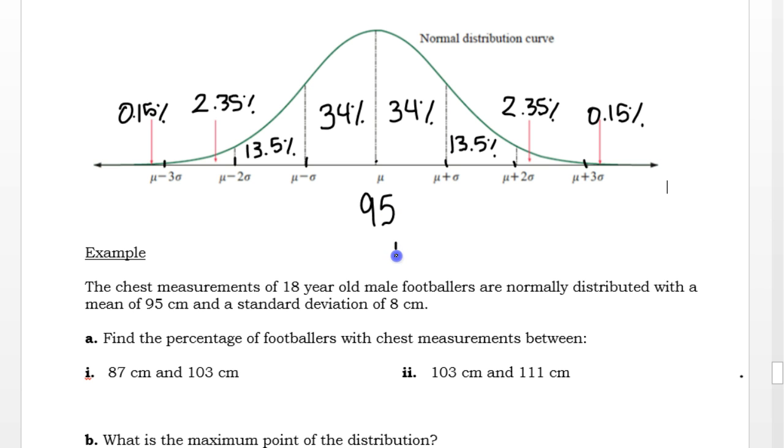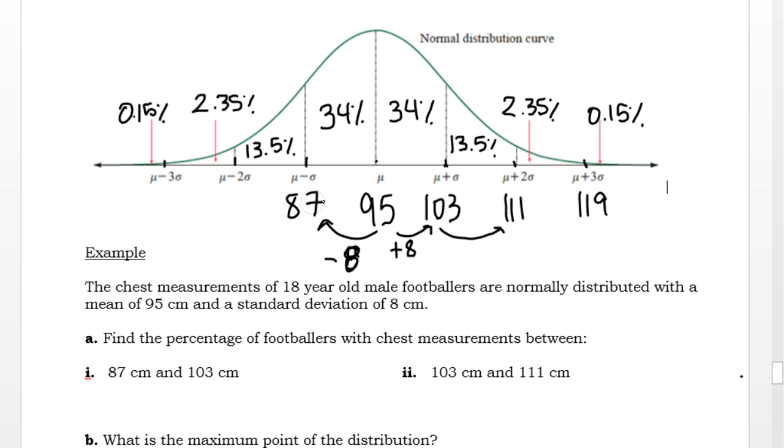So I'm going to add 8 to get to the first value on my scale, then add 8 more, and then 8 more. Then I'll do the same thing in the opposite direction, but I'll subtract 8. If I have 95 and I take away 8, I am at 87, then 79, then 71.